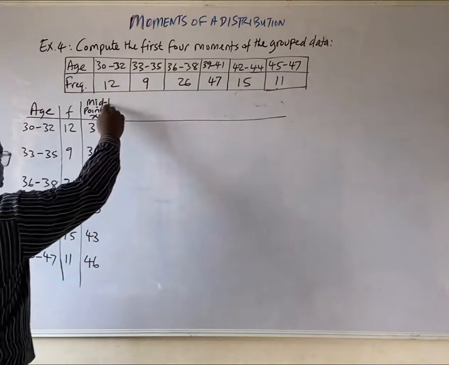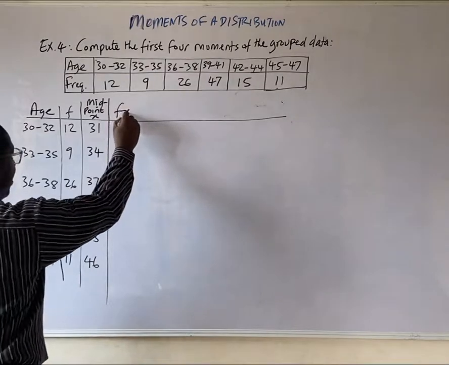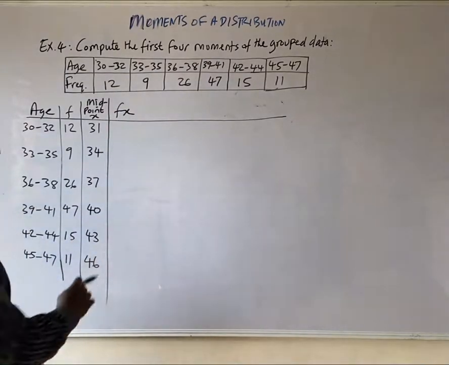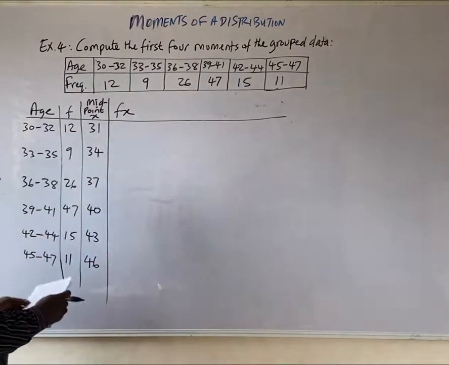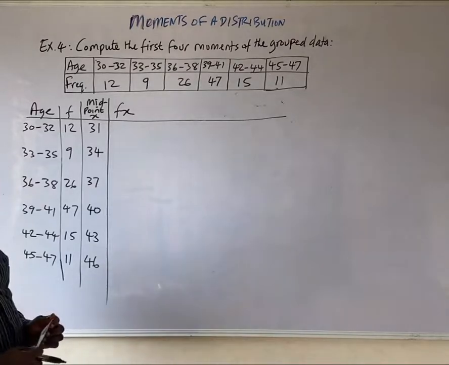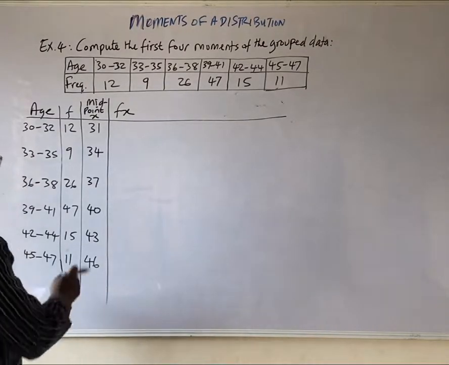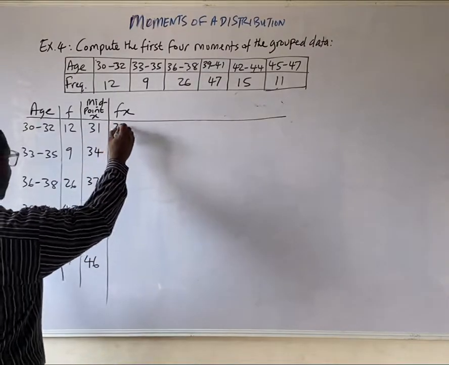So the next thing we do, as we've been doing in previous classes, is to find fx. fx will be the frequency times the x point or the class mark. So let's do that quickly. 12 times 31, we have 372.